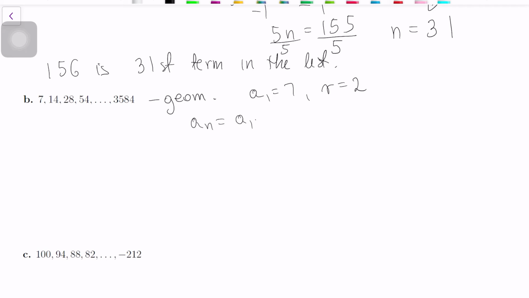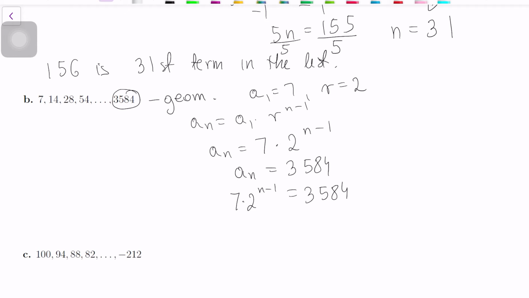Now I can plug in 7 for A1 and 2 for R, the ratio. But then I want to know this last one, what that one is, right? So I set AN equal to 3,584, okay, where AN is given by this formula.